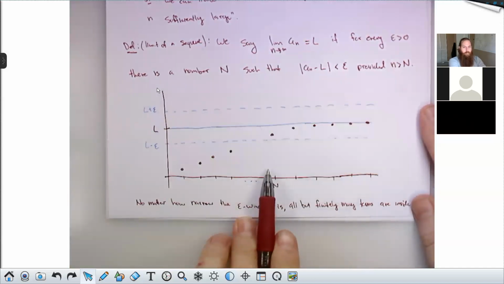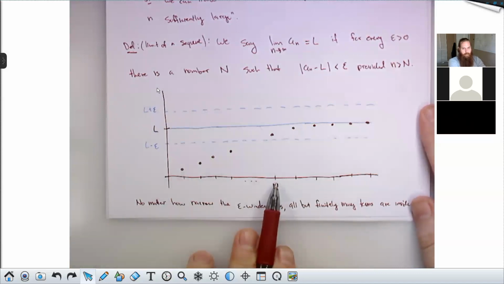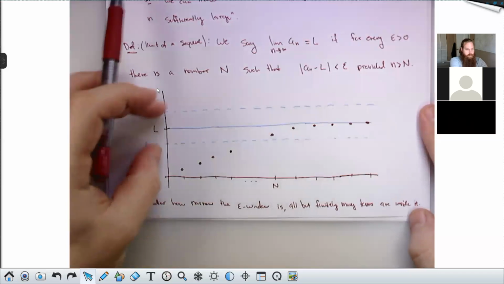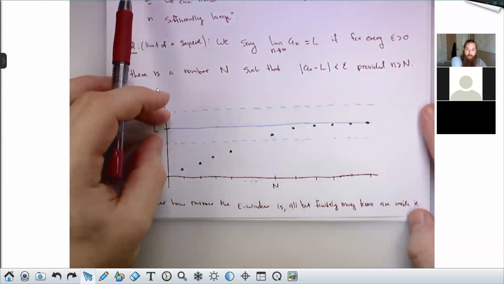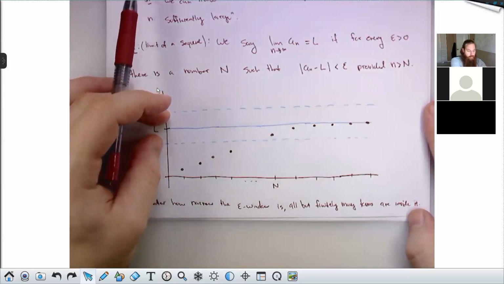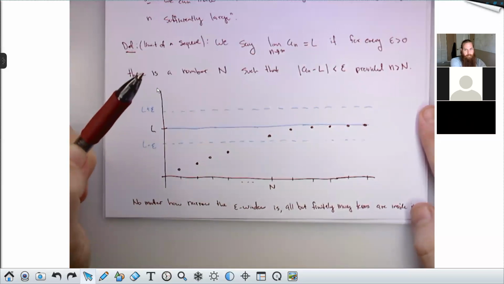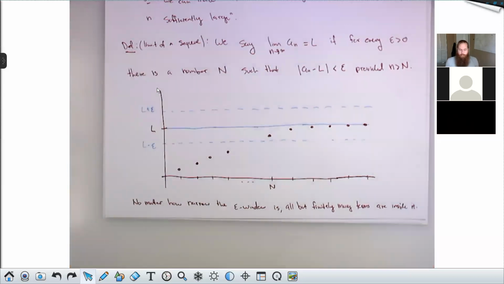So there's finitely many terms before this, right? Capital N minus one of them. There's infinitely many terms inside of it. The important thing here is that no matter how tight I shrink this window, there will only be finitely many terms outside if the sequence a_n converges to L. So that's what it means for a sequence to have a limit.